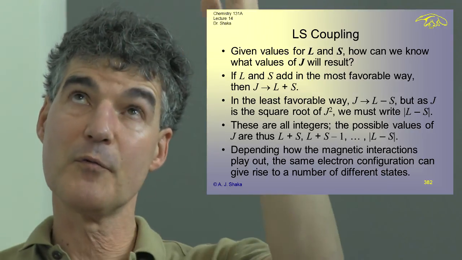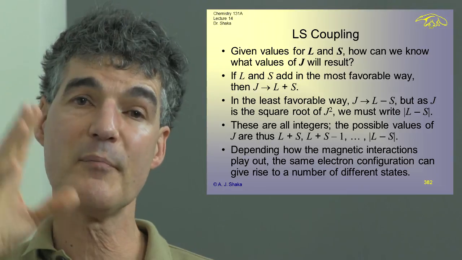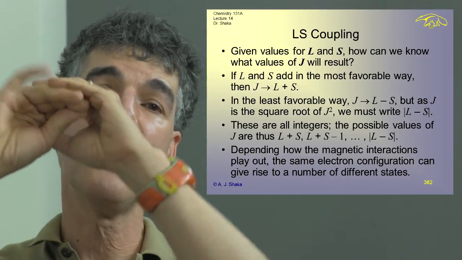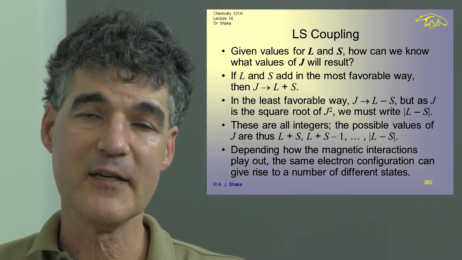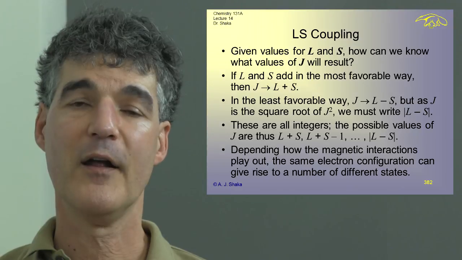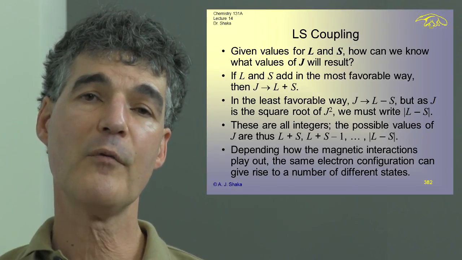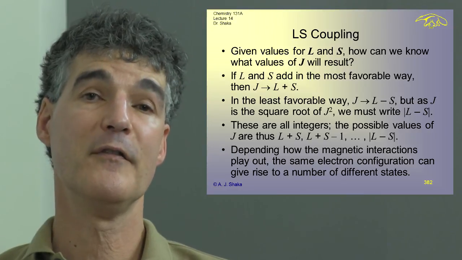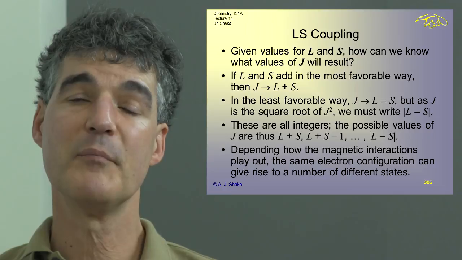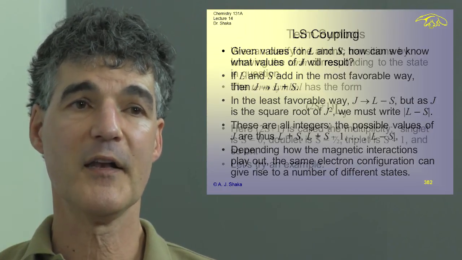It's not like one of them's way high compared to the others. If there's enough energy to populate the excited state, there's probably enough energy to populate all the possibilities randomly, statistically, just depending on how many possibilities there are for each state. And therefore, we need some way to keep track of these things in order to figure out what kinds of emission lines we're going to see in the spectrum and to assign them.